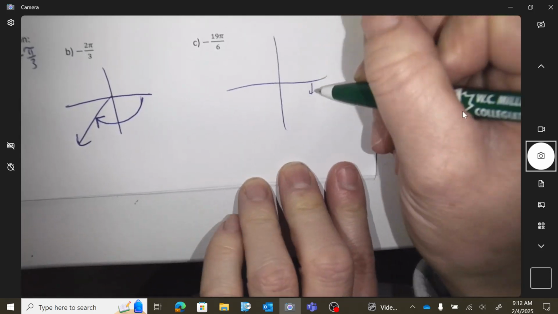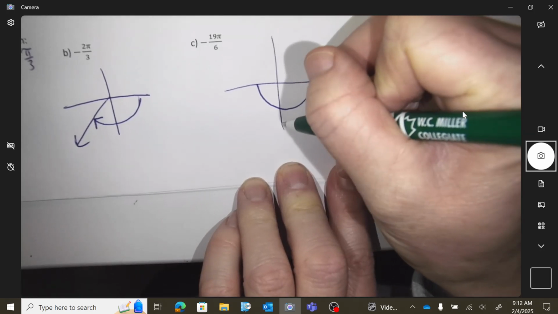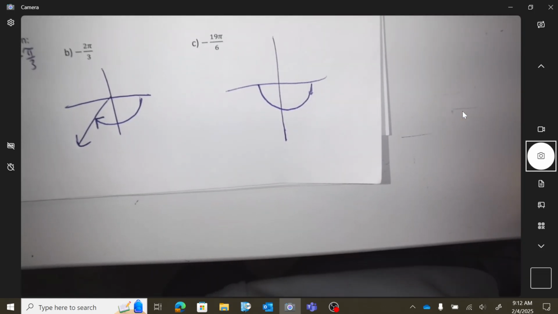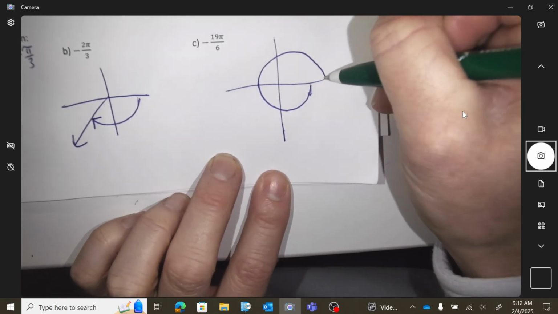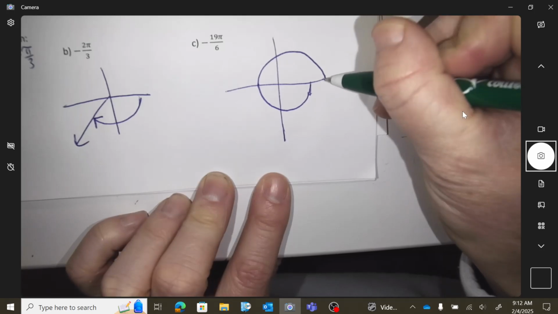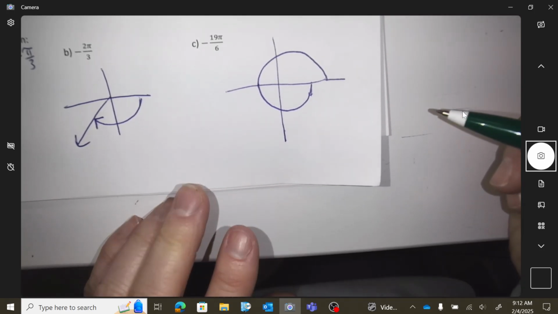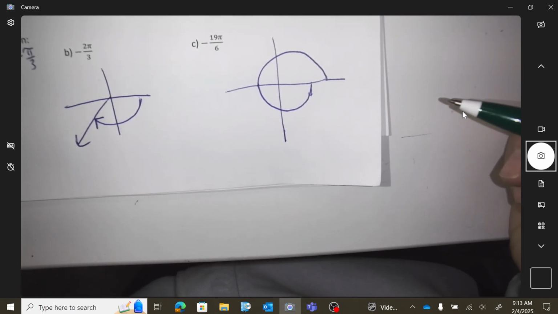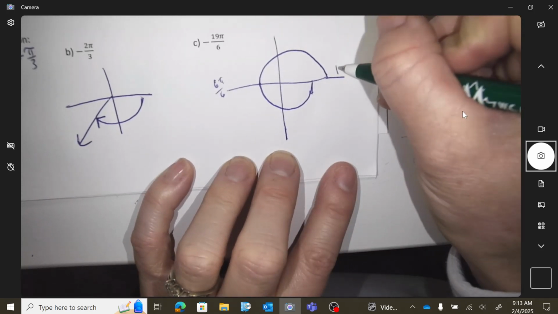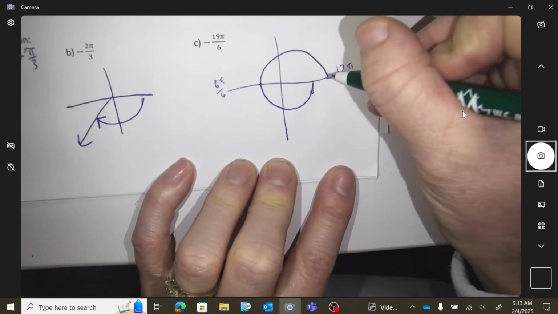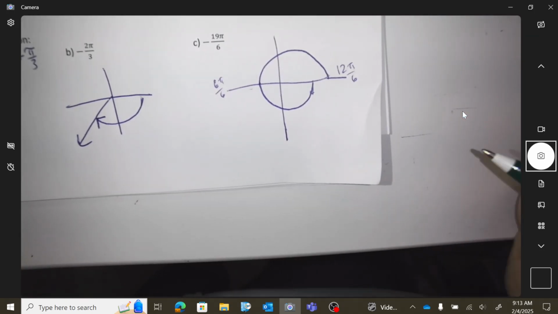Okay, I'm going to start spinning. You ready? That is a pi. That's a negative pi. 6/6 right now, right? Pi is 6/6. Here we go. I'm going to go to this, which is 2 pi, which is 12/6, right? 6/6, 12/6. What if I go another semicircle?